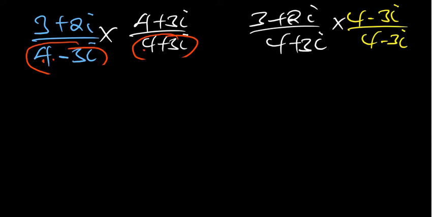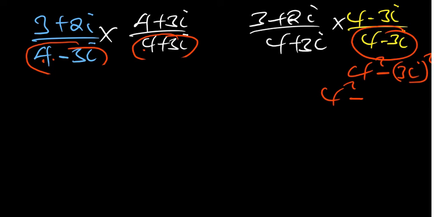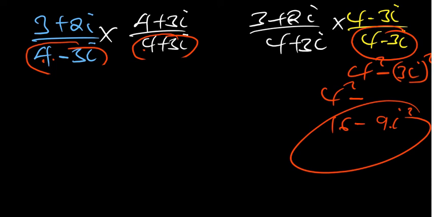So you get the part which is having negative always. The part which is having negative here is this part, so you square this one. So it's going to be 4 squared minus 3i squared, which is 16 minus 9i squared. It's going to be the same. So you get the part which is having negative always.